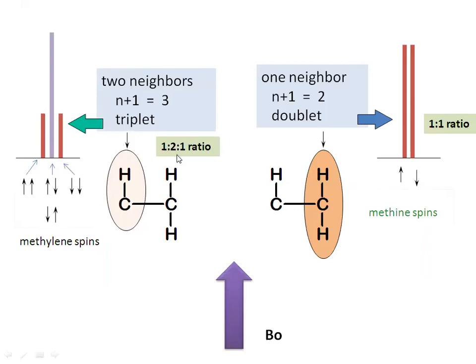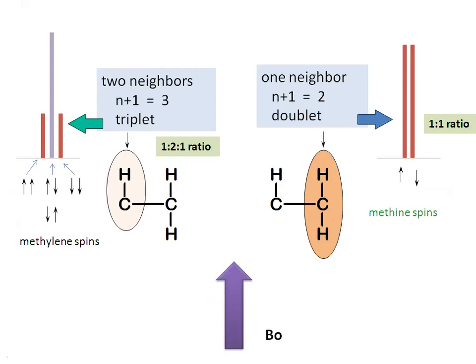Now suppose you have a case with a methine proton and a methylene group. If you are tracking the signal of HA, HA can see its two neighbors either both aligned with the external magnetic field, both against the external magnetic field, or in some molecules one aligned and one against.